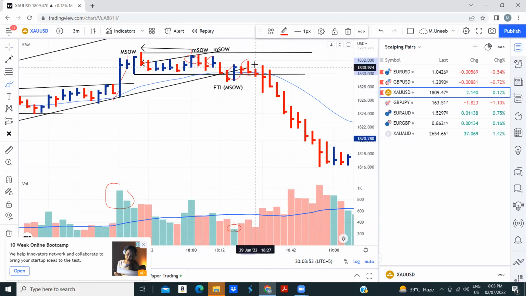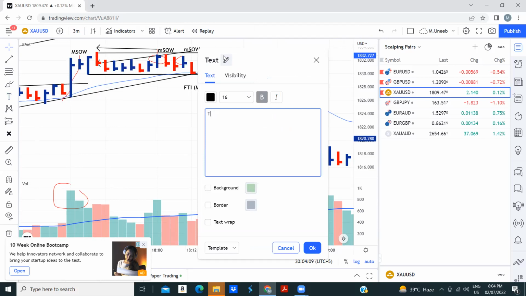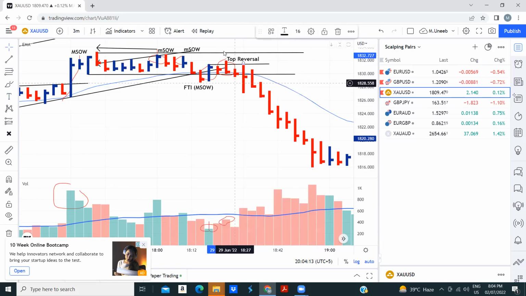What do we see here? This one is both hidden spring. This one is hidden upthrust, or this is also what I told you, top reversal. Am I right? Yeah. This one is top reversal. Why?